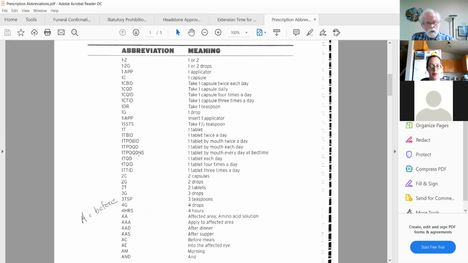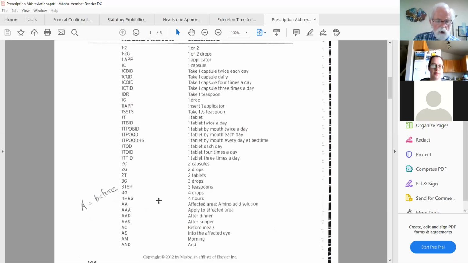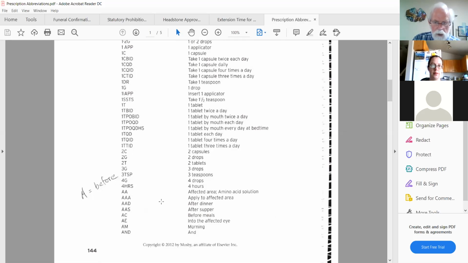So we generally don't run these things together, but it might look that way in the doctor's handwriting, if you're dealing with a written prescription. So all of these are there. There are more here than you are likely to see.